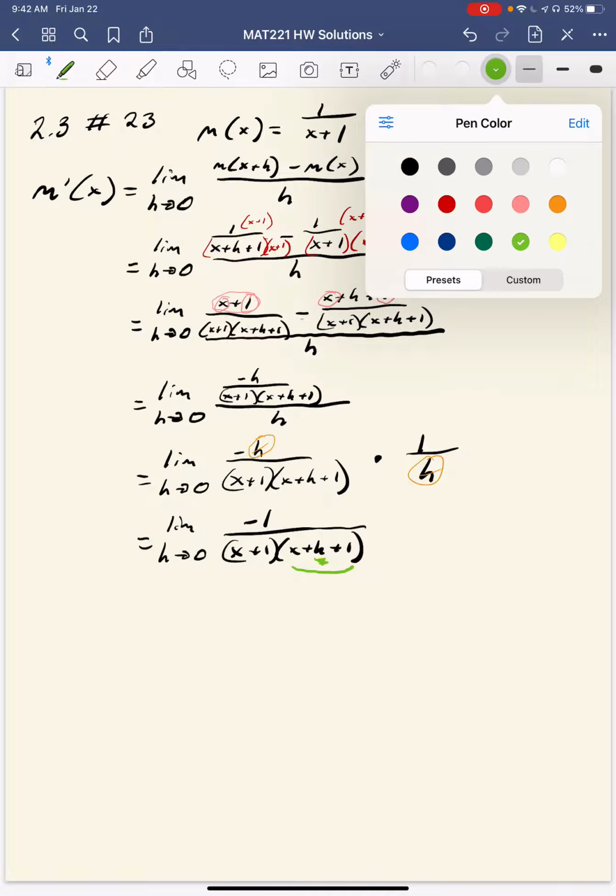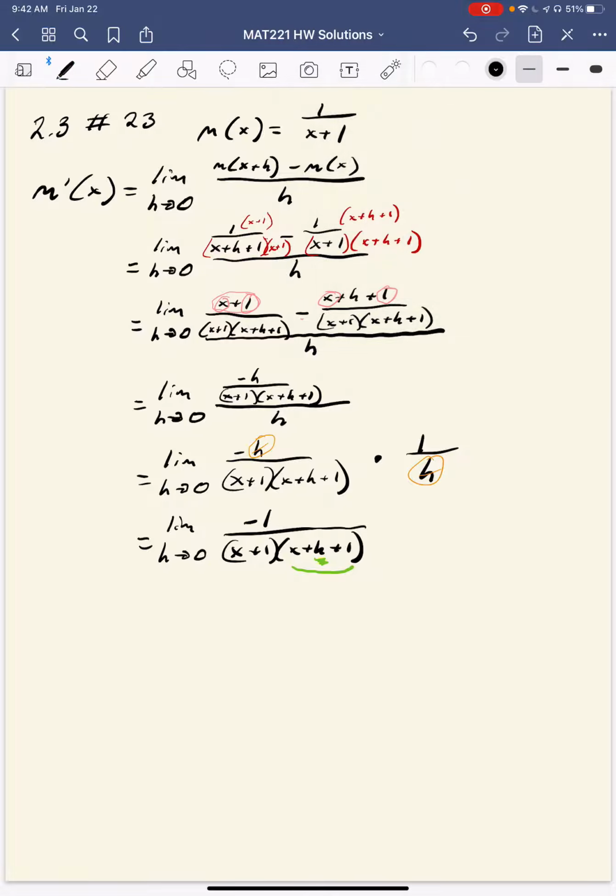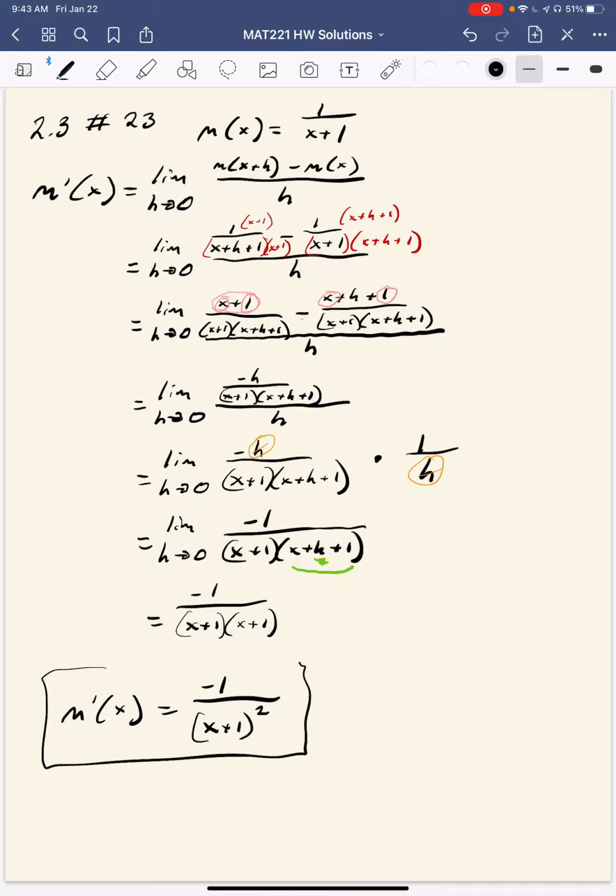And so when I take the limit as h approaches 0, I end up with -1 over x plus 1 times x plus 1, which now tells me that the derivative of the function m at x is equal to -1 over x plus 1 quantity squared. And that's true for all x values.